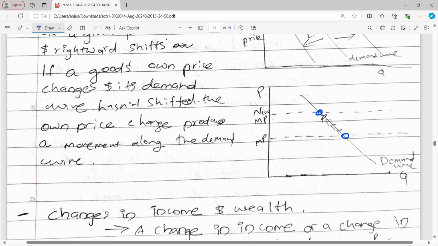Say the price of petrol decreased, so the market price for a car will increase because people will be more interested in purchasing a car, as it costs less to maintain or to use fossil fuels. It is financially easier for you to take a car. Then the market price of cars will slightly increase as more people come to buy cars. Okay, so it will be shifting to this demand curve.